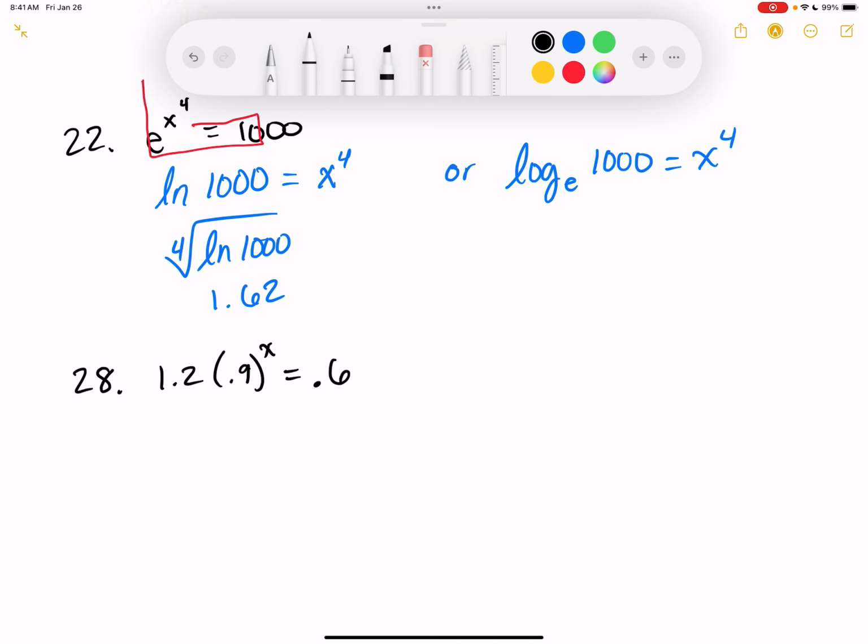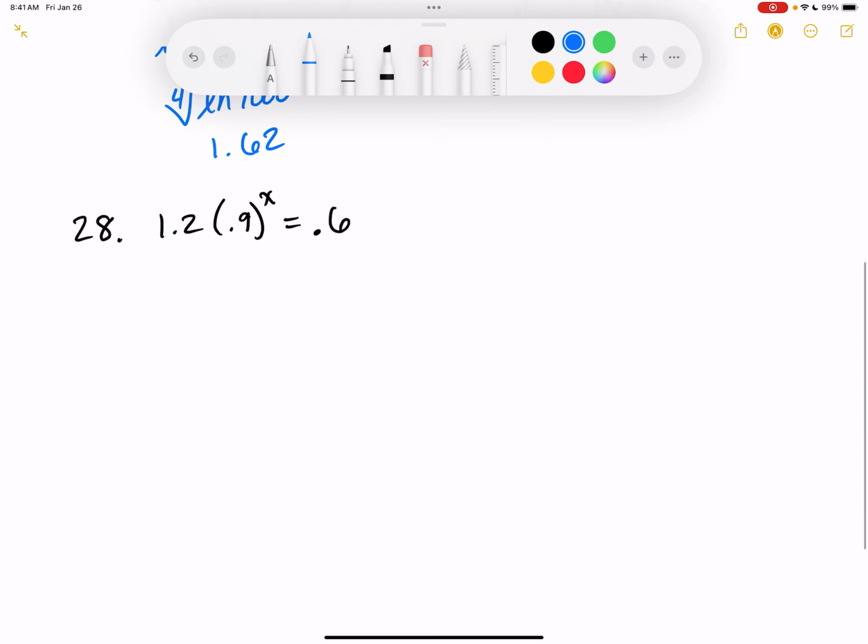Right now I've got 1.2 times 0.9 raised to the x, so I need to divide by 1.2 first. I'm going to be left with 0.9 raised to the x is equal to 0.6 divided by 1.2, which is 0.5. So 0.9 to the x is equal to 0.5.